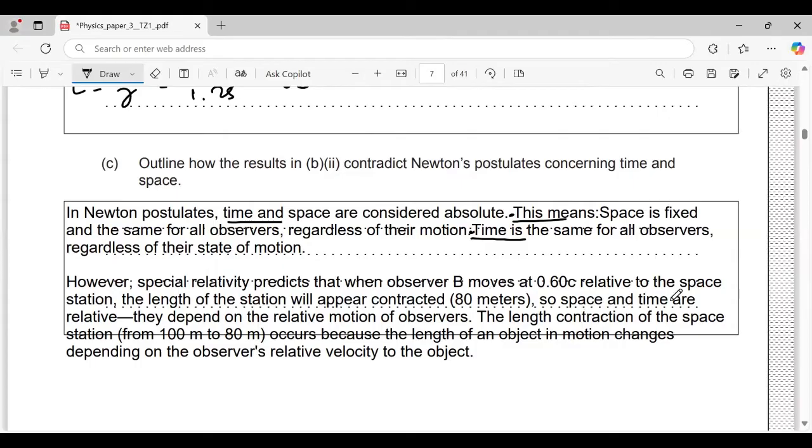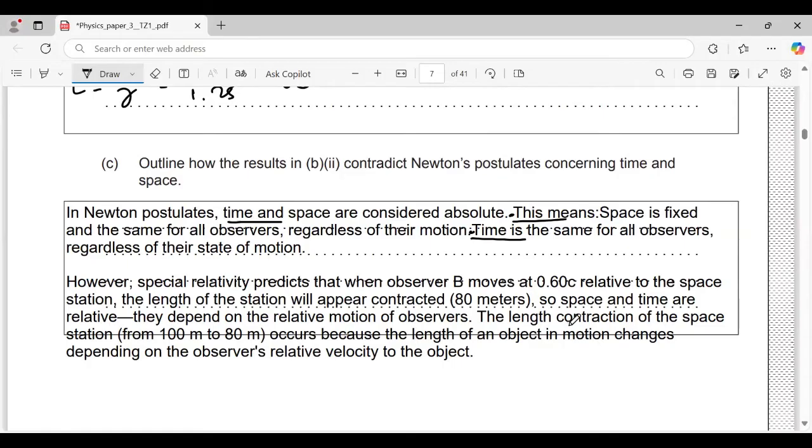So space and time are relative. According to Newton, space and time are absolute, but according to special relativity, they are relative. They depend on the relative motion of observers.